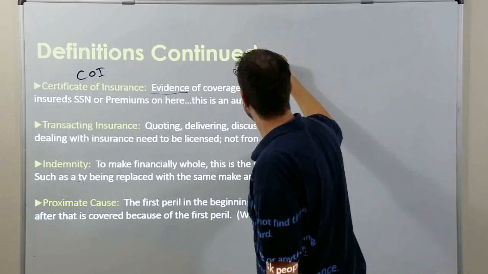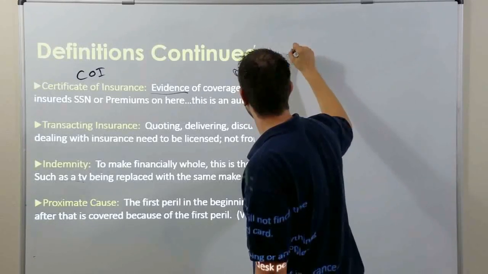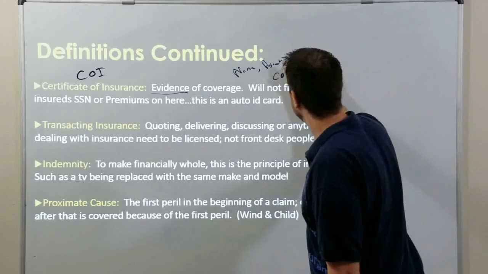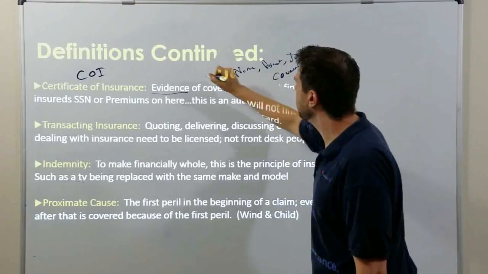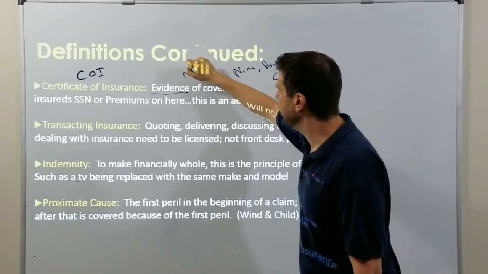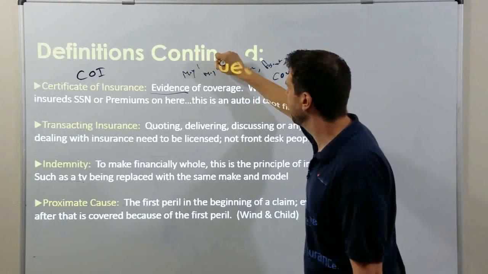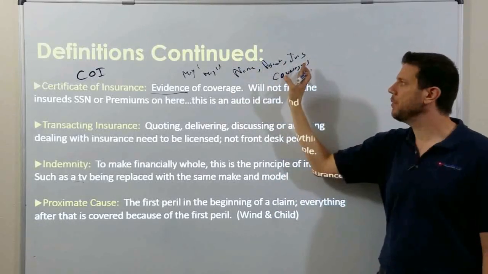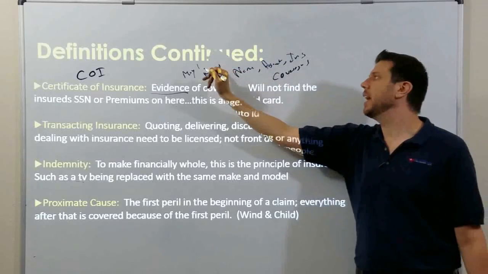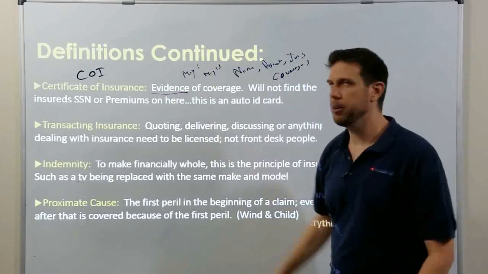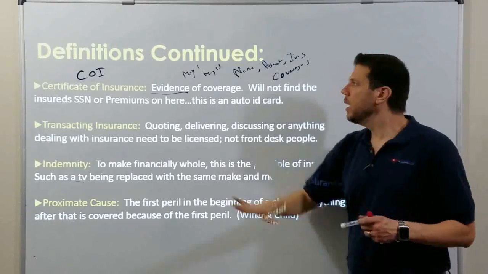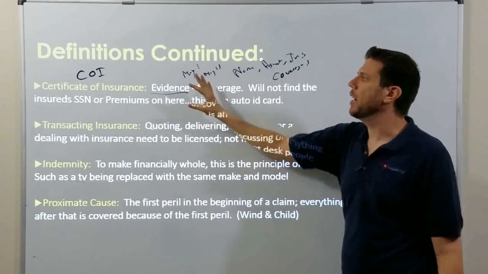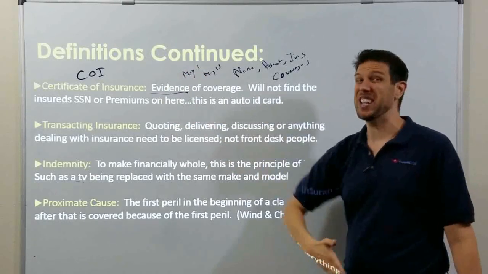It'll have the insurance agent's name. It'll have the insurance company's address. It'll have your coverages, and it'll also have your policy period. So from like May 1st to May 1st next year. The certificate of insurance is just to show you have this amount of insurance, who you're covered through, and how long you're covered through. This is what you give to other people. You will not find your premiums on your COI. You don't have to show everybody how much you're paying. That's found on your dec page.